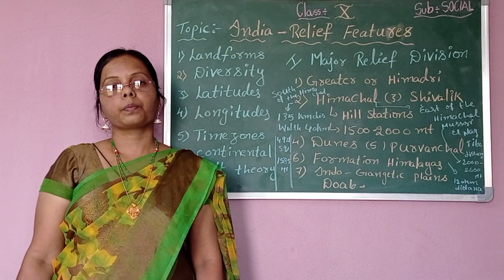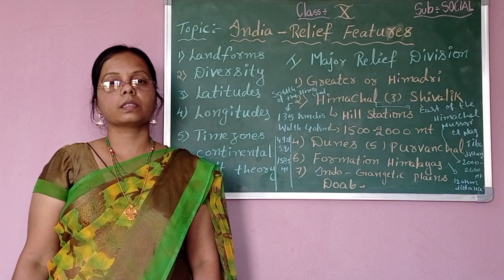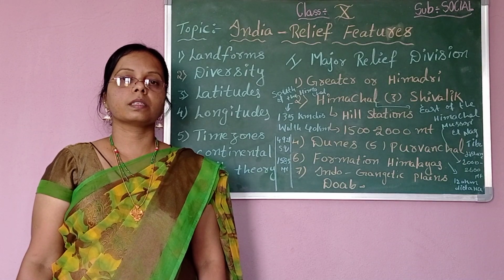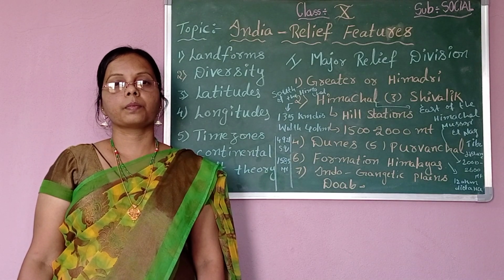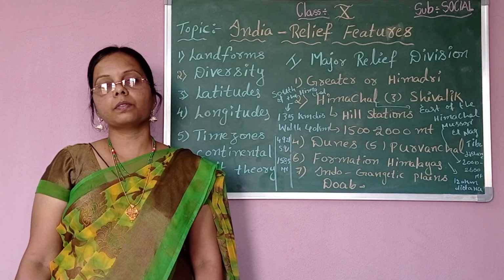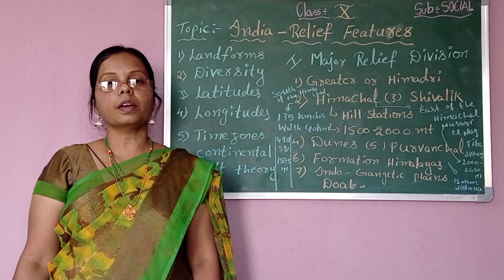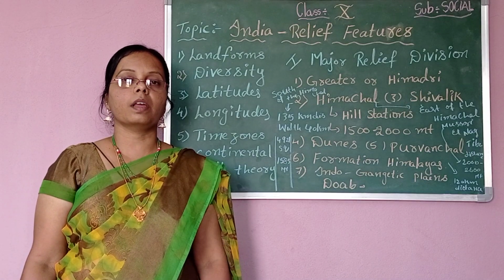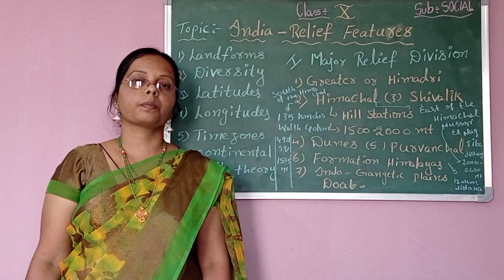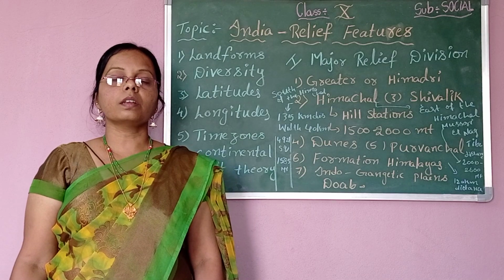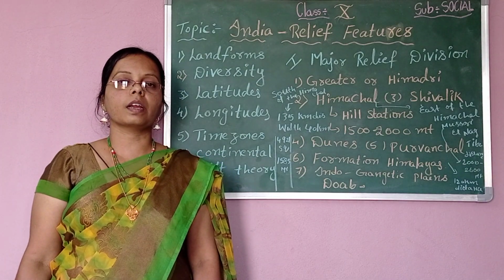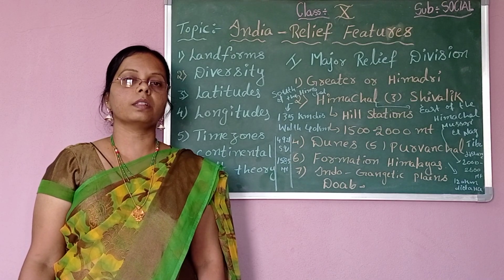The Greater Himalayas or Himadri, the second range Himachal, and the third range Shivalik. Let us discuss the first range, the Greater Himalayas or Himadri. The northernmost range of the Himalayas is called the Greater Himalayas or Himadri.